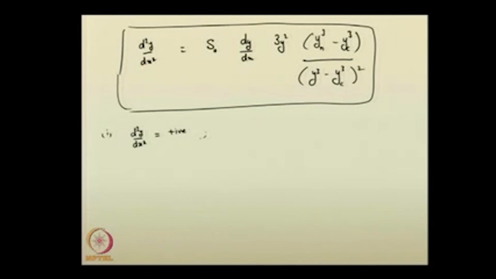It can be positive if dy by dx is positive and your normal depth y_n is greater than the critical depth y_c. If this is true, then d squared y by dx squared will be a positive value.